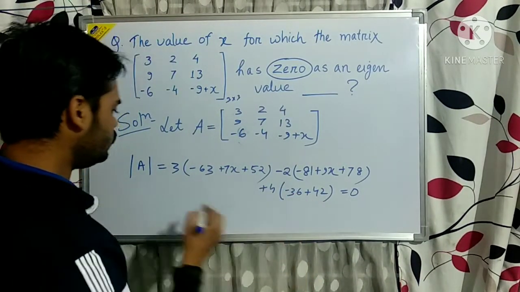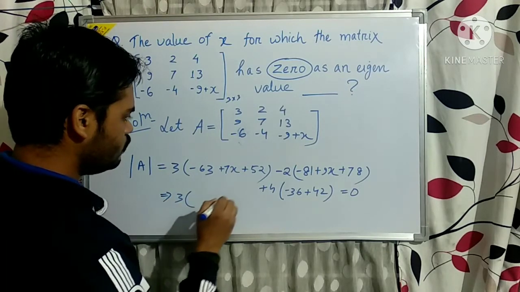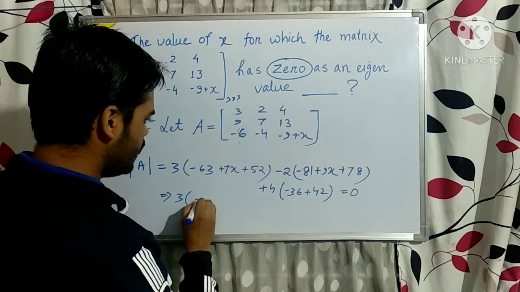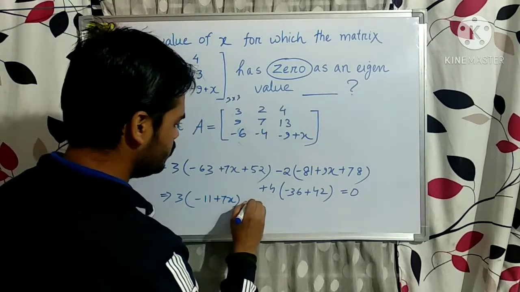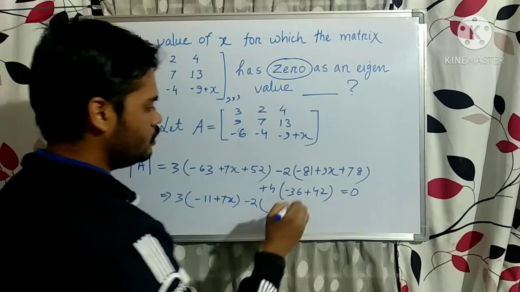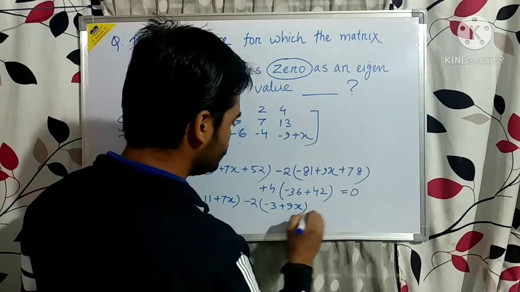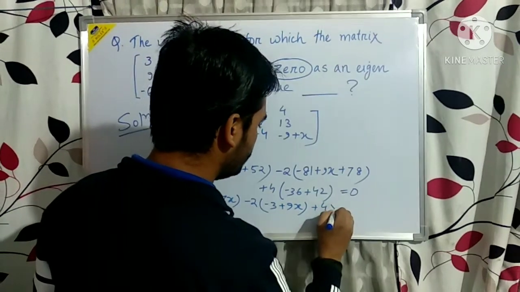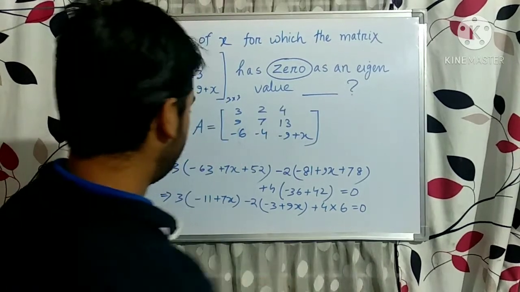Now 3 into minus 11 plus 7x, minus 2 into minus 3 plus 9x, plus 4 into 6, will be 0.